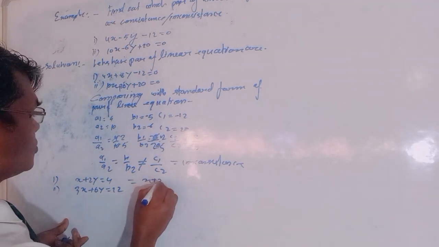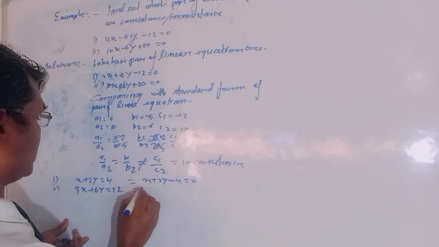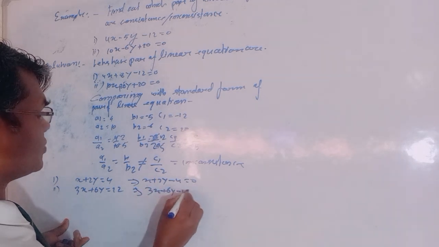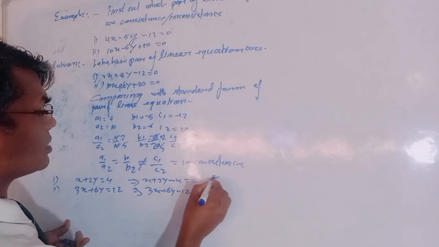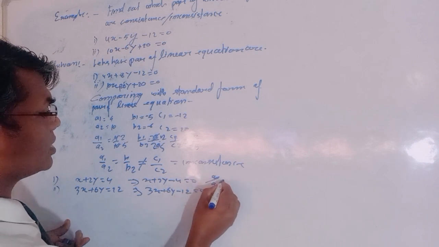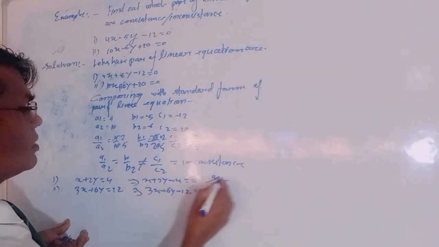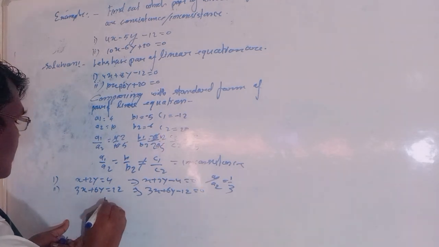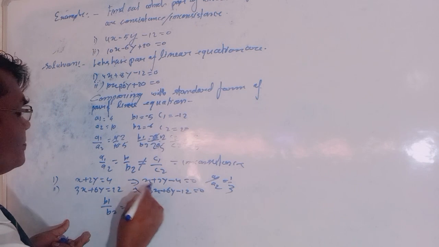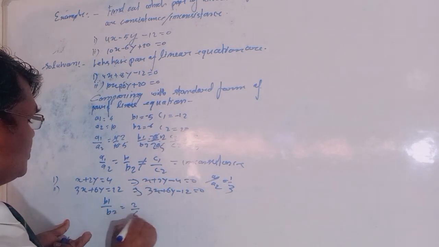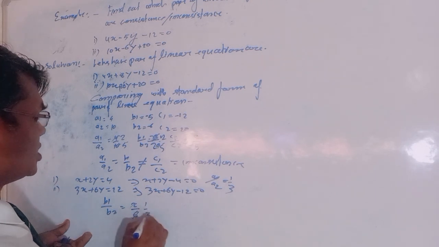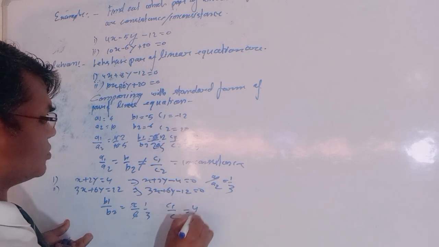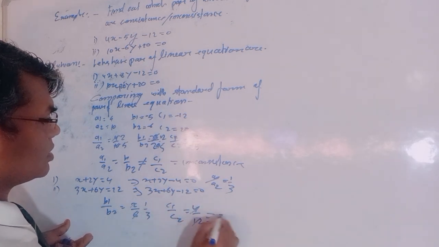x plus 2y minus 4 is equal to 0, and the other equation can be changed to 3x plus 6y minus 12 is equal to 0. So A1 by A2 is equal to 1 by 3, B1 by B2 is equal to 2 by 6, which is 1 by 3, and C1 by C2 is equal to 4 by 12, which is 1 by 3.